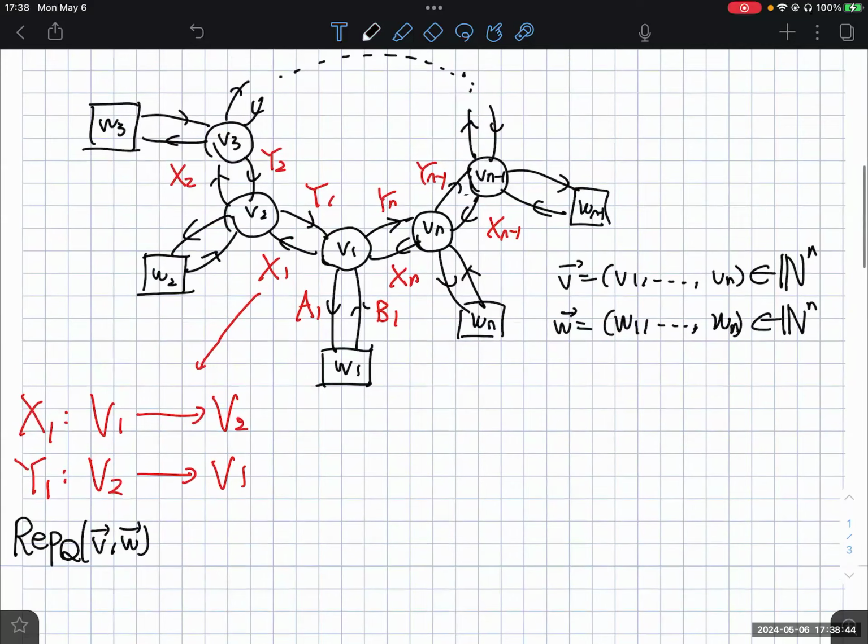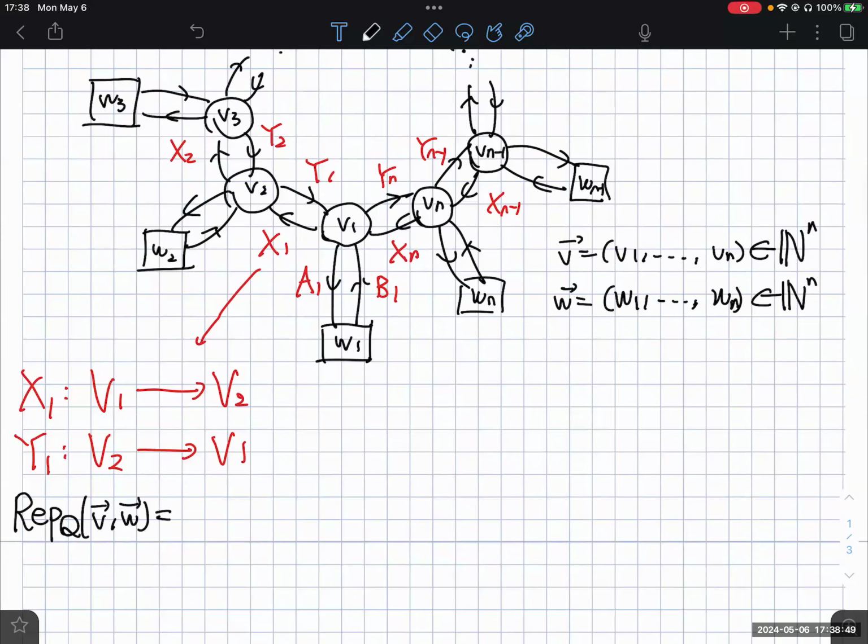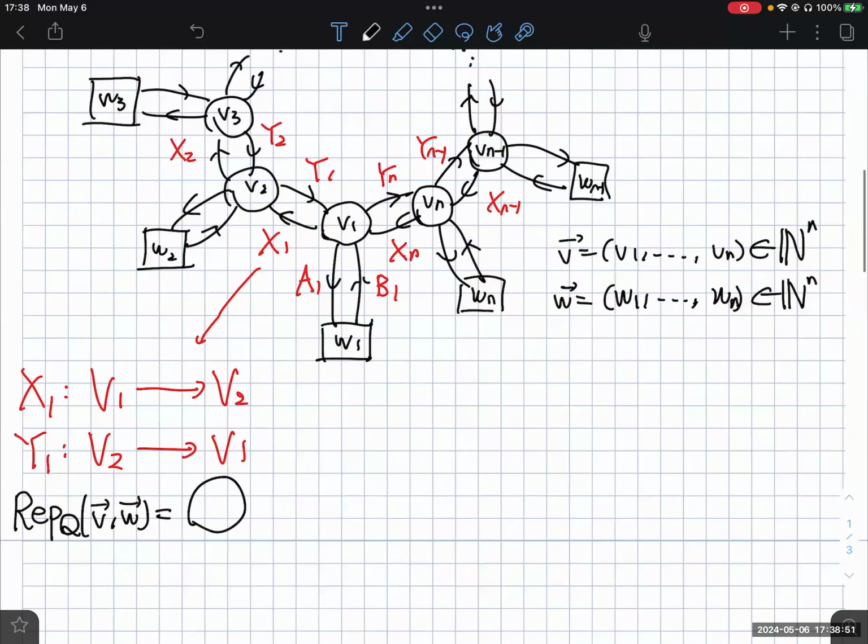Because all of the quivers that we consider here are affine type A, this Q doesn't matter too much. If we write down these morphisms into a package, it should look like the following.